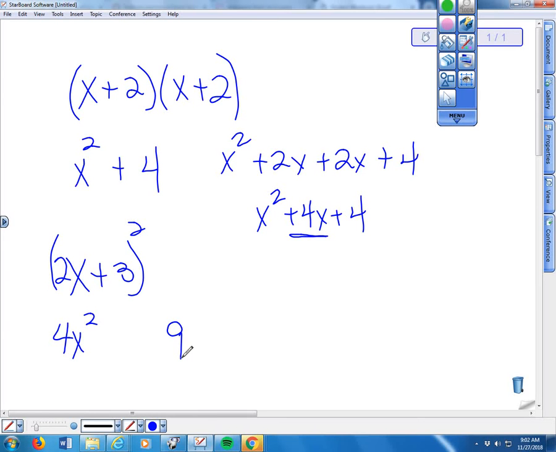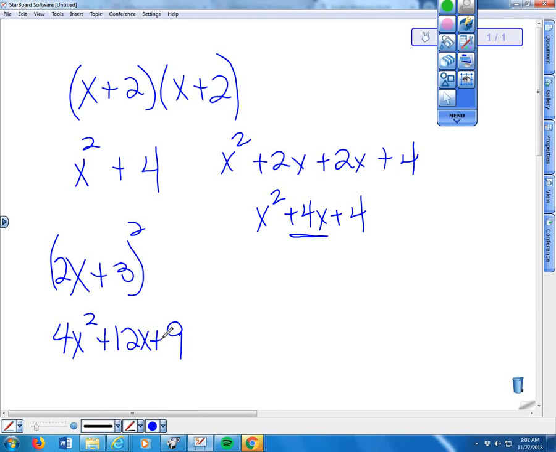Because we know there's a middle term, the way you find the middle term is you multiply those two together times 2. So what's 3 times 2x? 6x times 2, 12x. That's how you would expand it without having to FOIL.